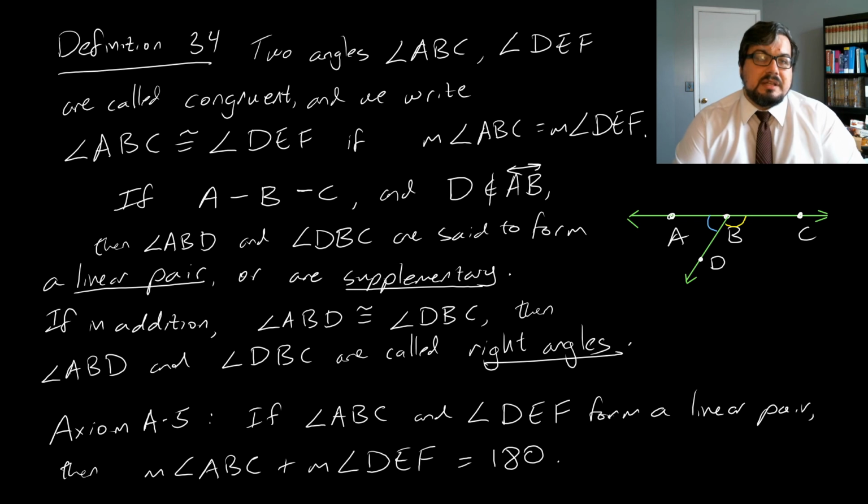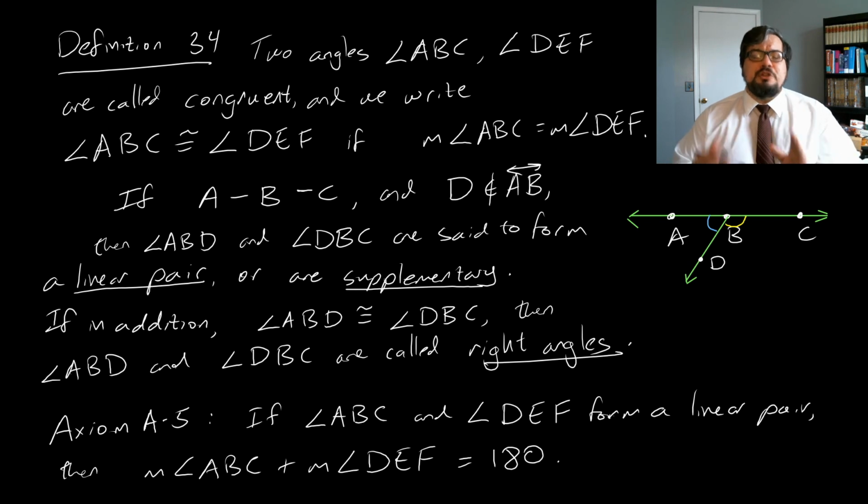One of the most useful facts that we're going to have is that a right angle has a measure of 90 degrees, or of 90. Where for us, angle measure is just an arbitrary number, and we will also want to know that any angle with measure 90, sorry, is a right angle.